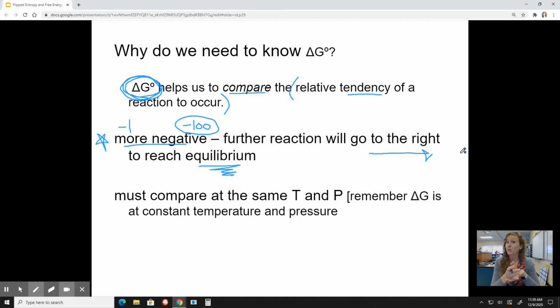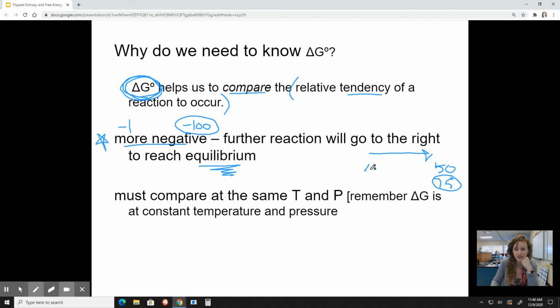We would consider that your equilibrium point, where your ingredients are being made into cookies, but cookies are turning back into ingredients somehow, right? That would be your dynamic equilibrium point. Well, that is less to the right. So if you can make 50 cookies before you hit equilibrium, that would be less to the right than if you can make 75 cookies before you hit equilibrium. 75 would be more to the right than 50 would.